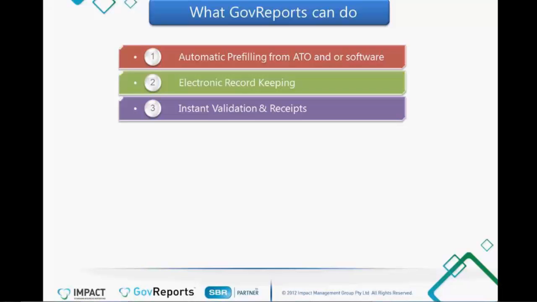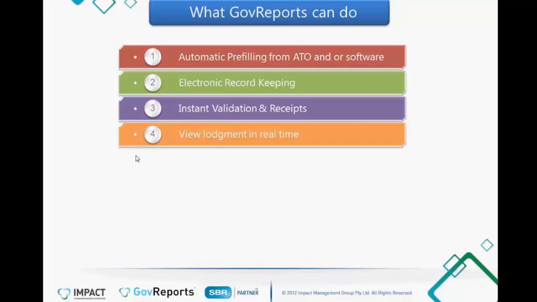If it has been successfully lodged, you can find the lodgement receipts from GovReports and forward that to the ATO, confirming that it has been lodged at an exact time and date, and that it is sitting somewhere on the ATO system. So they can go back and search for that, and of course the fine was waived. It's a small effort, but it certainly goes a long way.